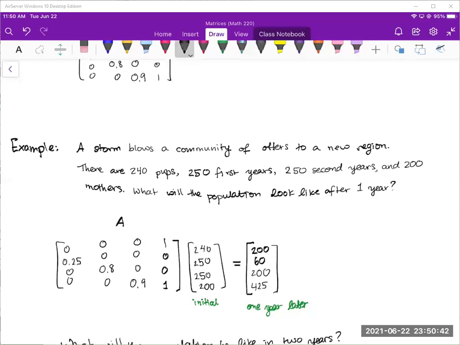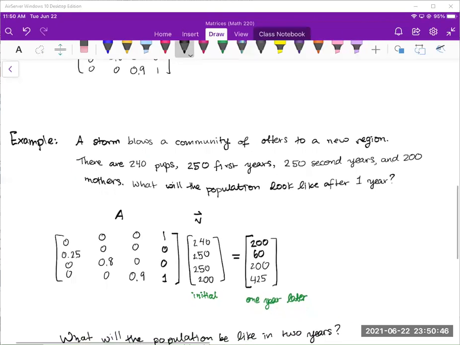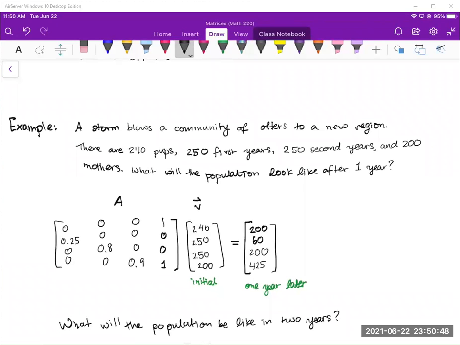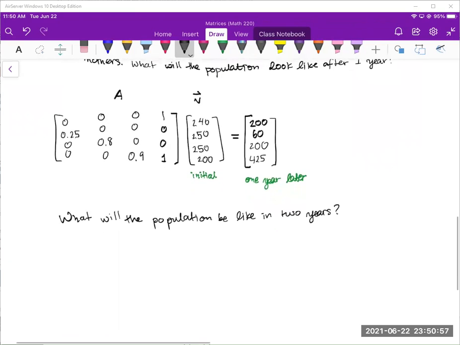So we computed this by calculating A times V. If we want to know what the population will be like in 2 years, what we can do is, well, 1 year later, we found by taking A times V. To find 2 years later, we can calculate A times that.